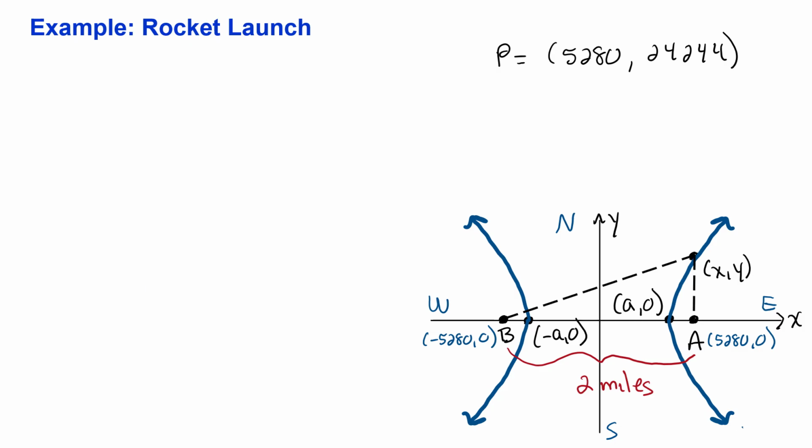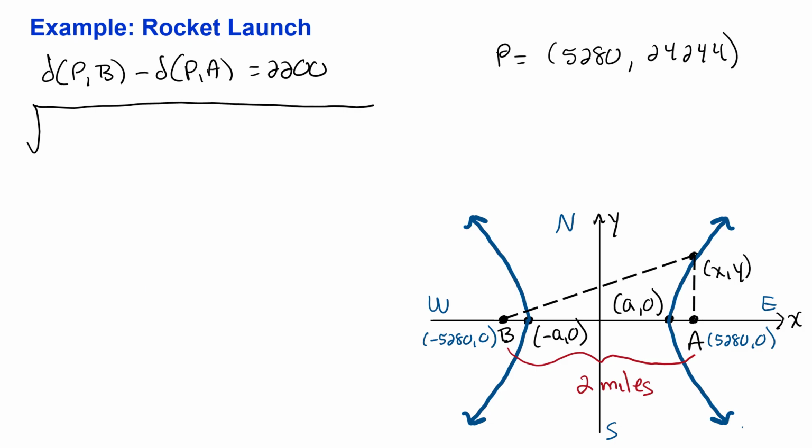By definition, we know the difference of the distances from the foci to point P is the constant 2200. We can write this as the distance from P to B minus the distance from P to A equals 2200. Now, using the distance formula, we can calculate the distance from P to B as the square root of the quantity.